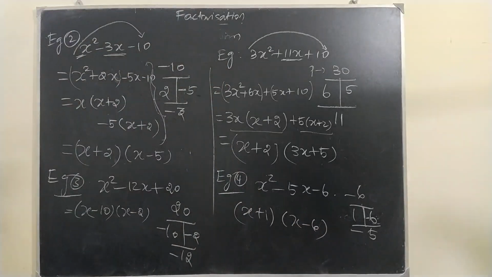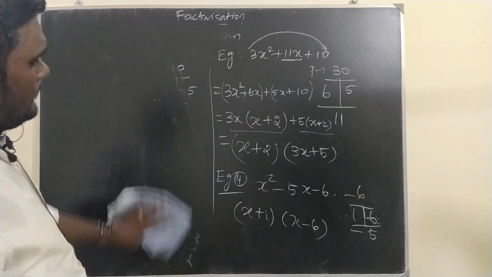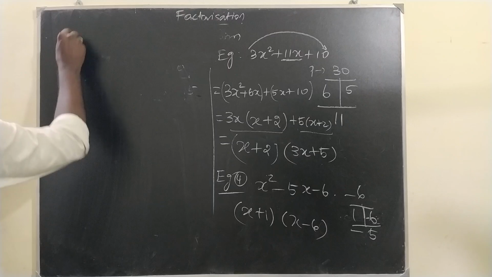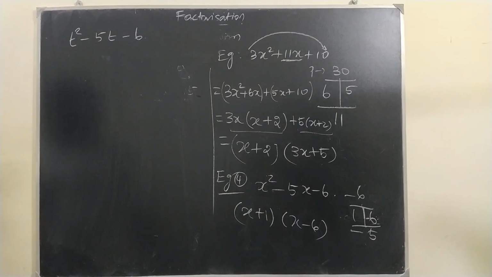Now, can we factorize t square minus 5t minus 6? How can this be factorized?